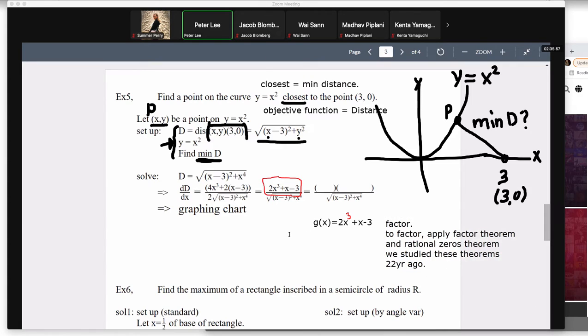So what do we plug in here? How about we try x equals 1? What is g of 1? g of 1 is 2 plus 1 minus 3, which equals 0. Oh, great.